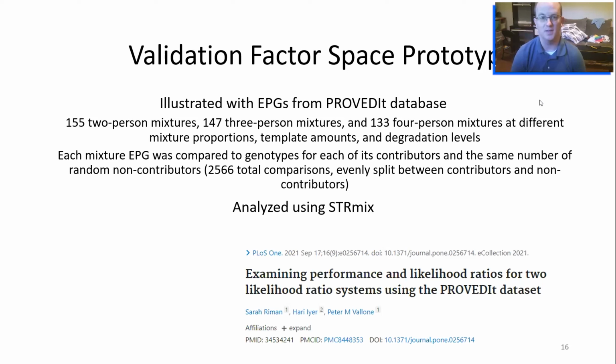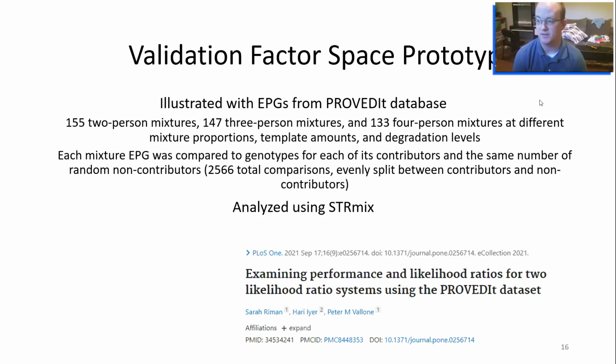Each of the obtained electropherograms was compared to reference profiles for each of the actual contributors that were used to make the mixture, as well as the same number of random non-contributors. This has a total of a little over 2,500 comparisons, and it's evenly balanced between contributors and non-contributors.